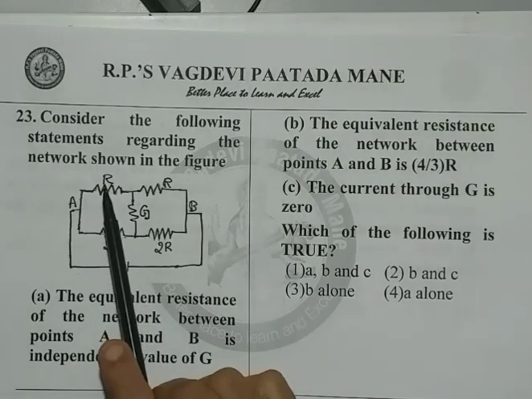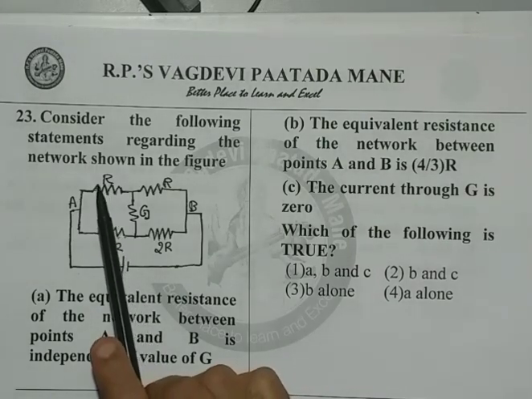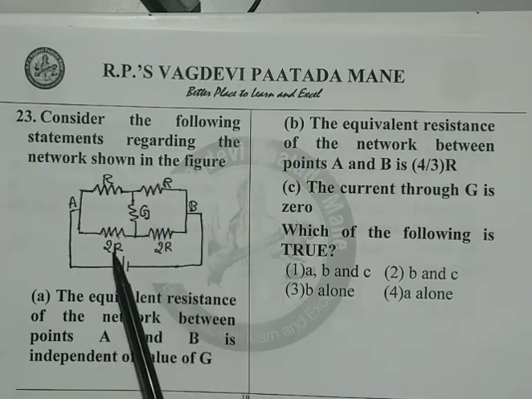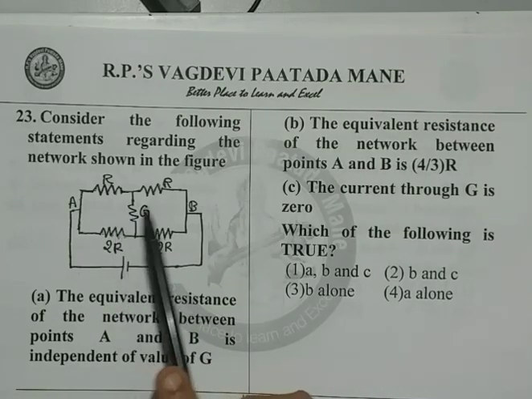Here this R is in the place of P and this R is in the place of Q. So R by R, and here this R is in the place of R and this is in the place of S. So they are equal. So R by R equals to R by R. That means it's a balanced Wheatstone network and it is independent, say, effective resistance independent of G.